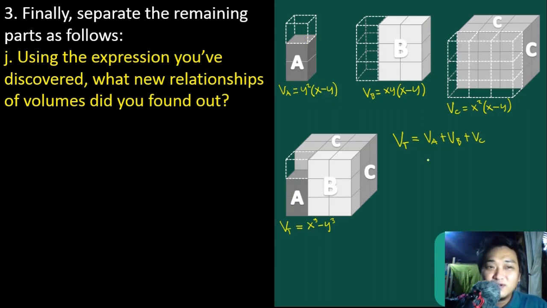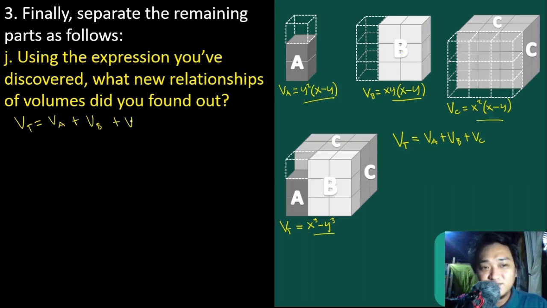Okay. Now, what new relationship can we find out using these volumes that we were able to discover? So that will be, if the total volume is just equivalent to the volume of A, etong figure na to, plus the volume of B, ito yun, portion, plus the volume of C. Let us try to replace all the given variables.